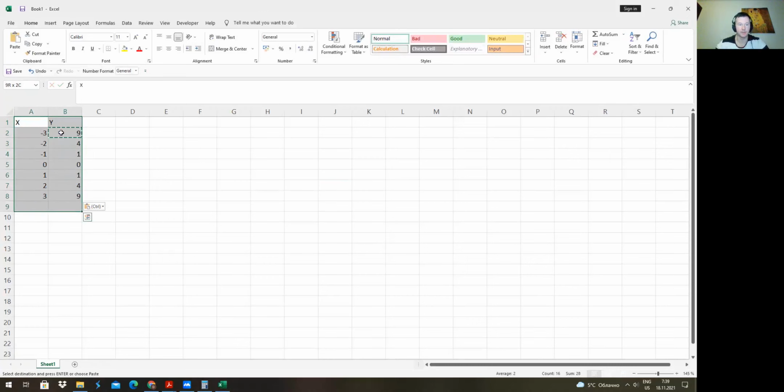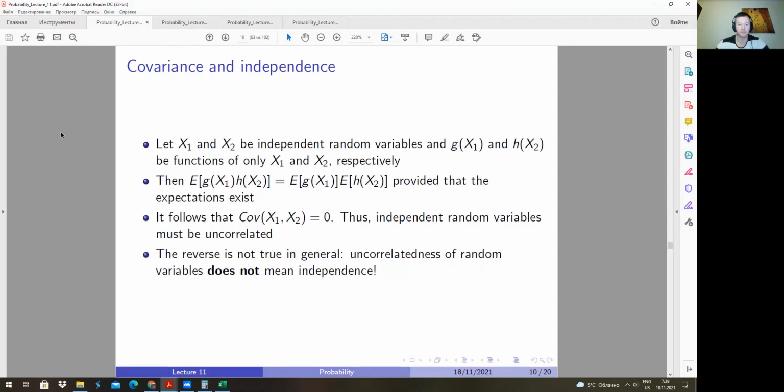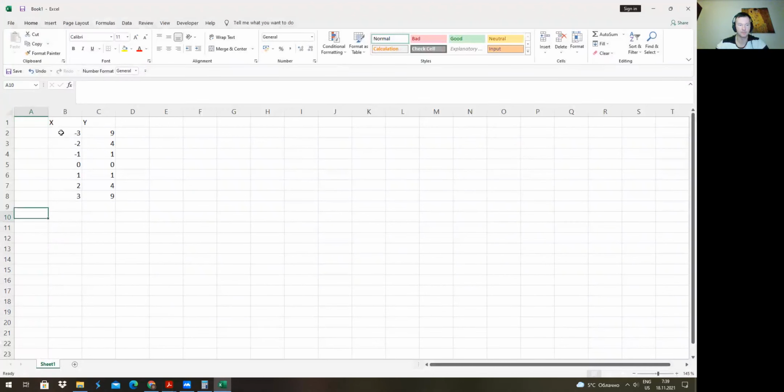And let's say that the marginal probabilities of x are equal. So here we have x, here we have y: 0, 1, 4, 9. Here we have -3, -2, -1, 0, 1, 2, 3.